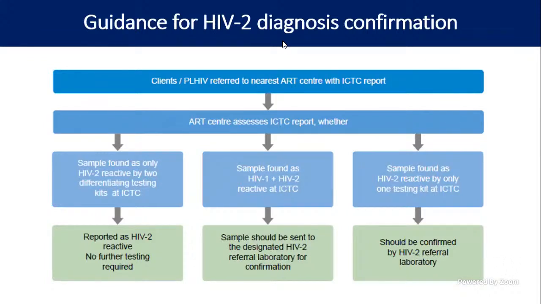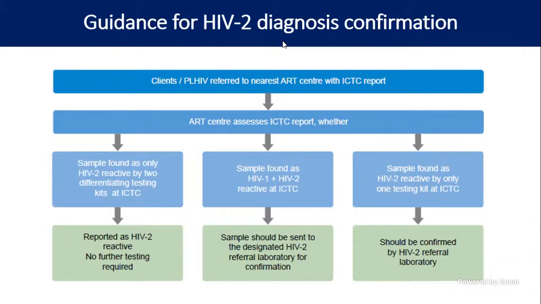The report will say either the sample was found only HIV-2 reactive by 2 differentiating testing kits at the ICTC, or the sample was found HIV-1 positive and HIV-2 reactive at the ICTC, or the ICTC may have tested HIV-2 reactivity using only 1 testing kit. In each of these 3 scenarios, we need to proceed differently to establish the diagnosis of HIV-2 infection.